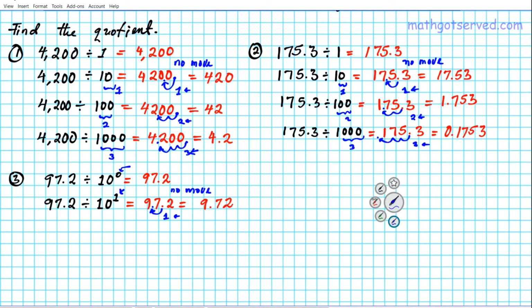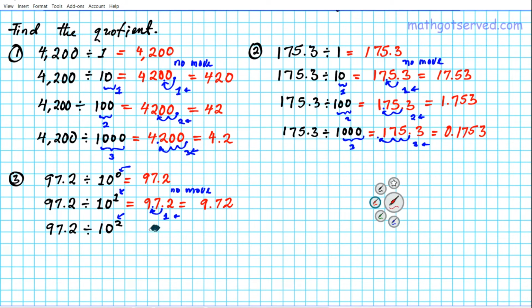Now what if we have 97.2 divided by 10 to the second power? Okay, this is equivalent to 100, but in exponential format, right? 10 to the second power just tells us that when you expand this, it's going to be 100. There are going to be two zeros. Okay, 10 times 10 is 100.